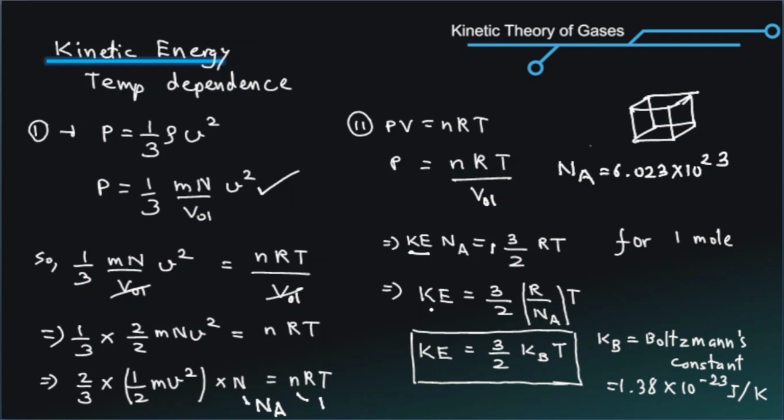So kinetic energy equals 3 by 2 R by Na into T. So kinetic energy equals 3 by 2 kBT. Note that R equals kB into Na, right? So kinetic energy equals 3 by 2 kBT, where kB is the Boltzmann constant. The value is as mentioned here, 1.38 into 10 to the power minus 23 joules per Kelvin.